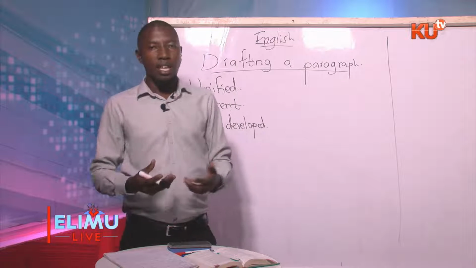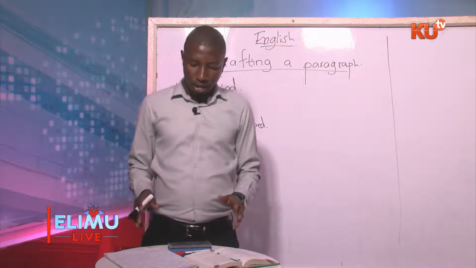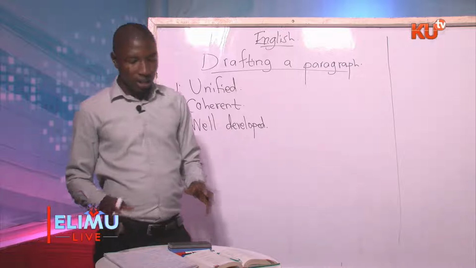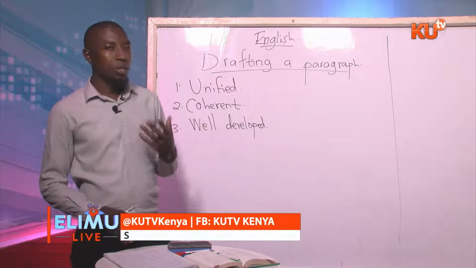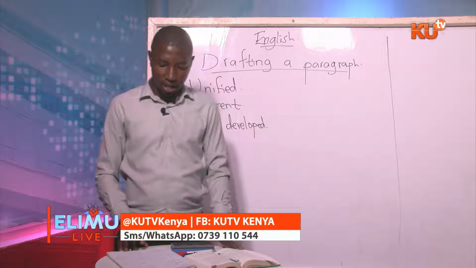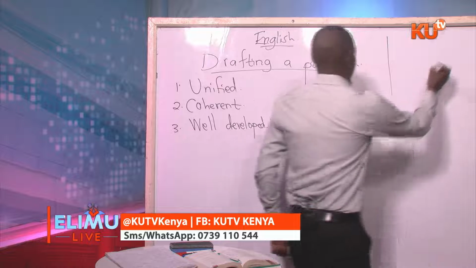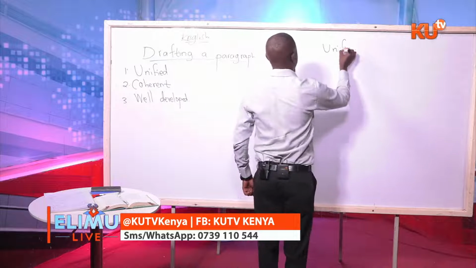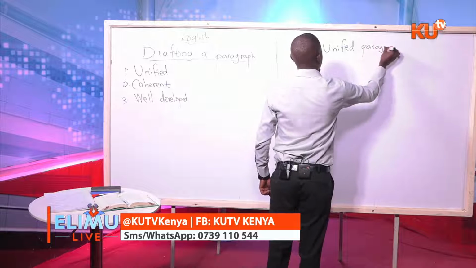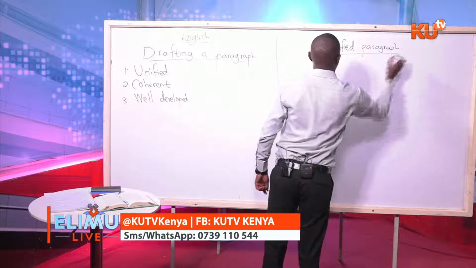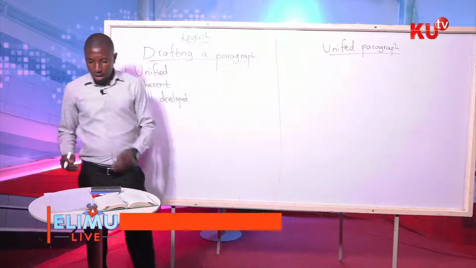So in the topic sentence, you express the idea of that paragraph, and then in the supporting sentences, you relate those ideas to the topic sentence, and in conclusion, you restate the topic sentence in another way, but to create emphasis and also to relate to the main idea of that paragraph so that you don't deviate. So unity is therefore relating to the main idea.